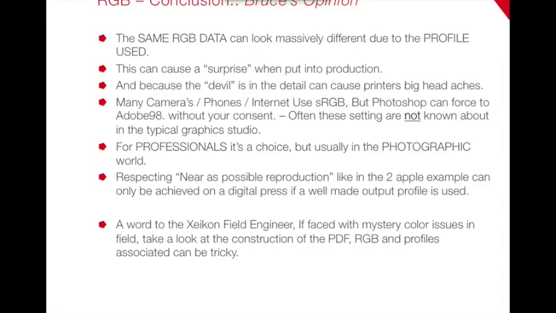We could reproduce in CMYK, sRGB, and as near as possible reproduce the Adobe RGB in CMYK, but giving us two very different coloured apples. So it's a very important choice to know what you're choosing or what those possibilities are.